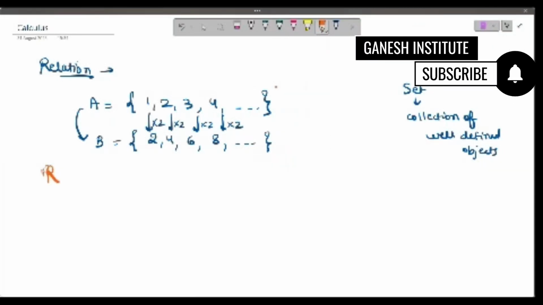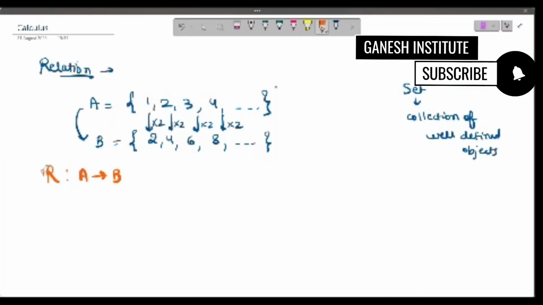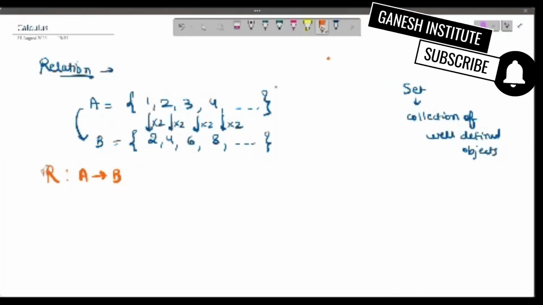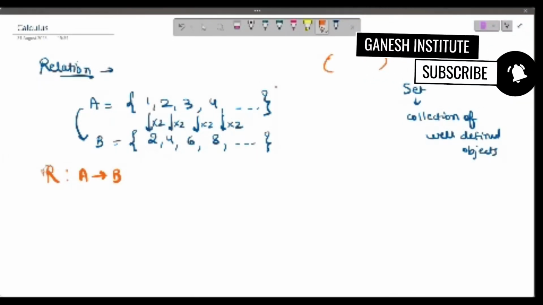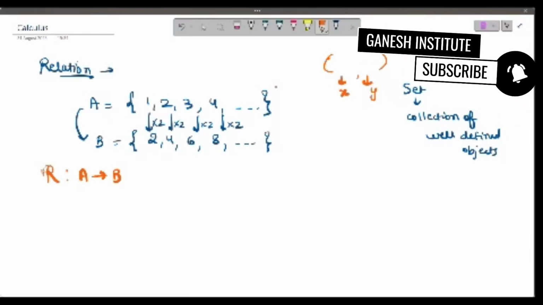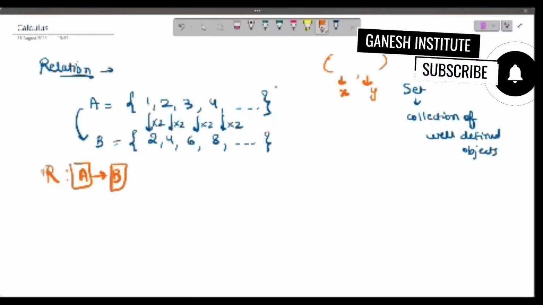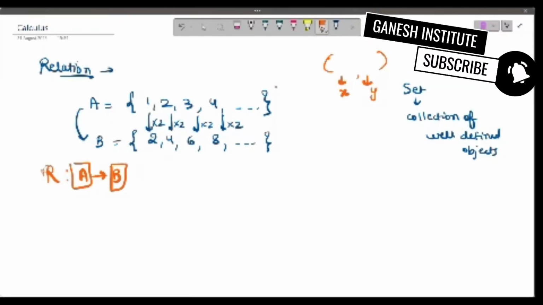So I can say a relation R is defined from A to B. A to B means it will be in the form of an ordered pair, x coordinate, y coordinate. And always the x thing should come from the first set and the y thing from the second one.